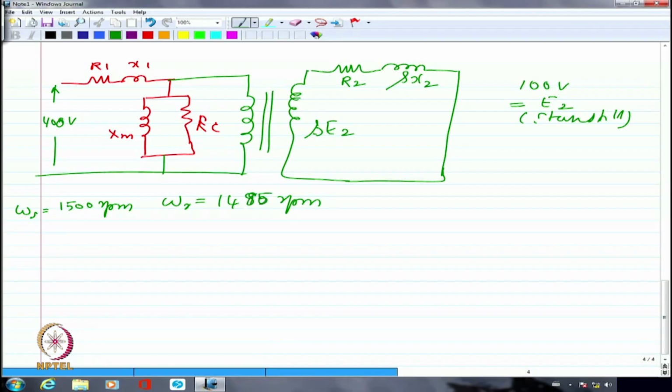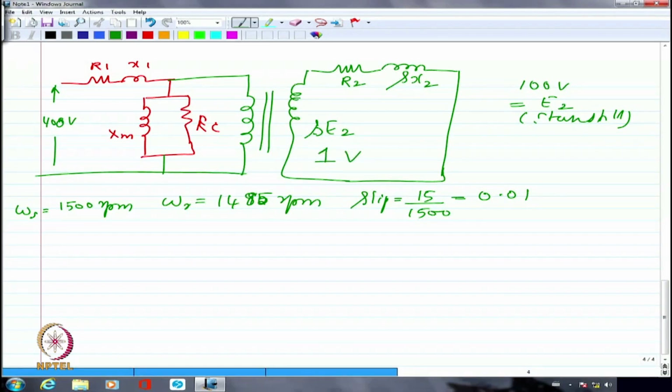It is easier for calculation. 1485 RPM. Right? So I am going to have the slip to be 15 divided by 1500. So that is going to be 0.01. So originally I had an induced EMF of 100 volts. Now it has become 1 volt.